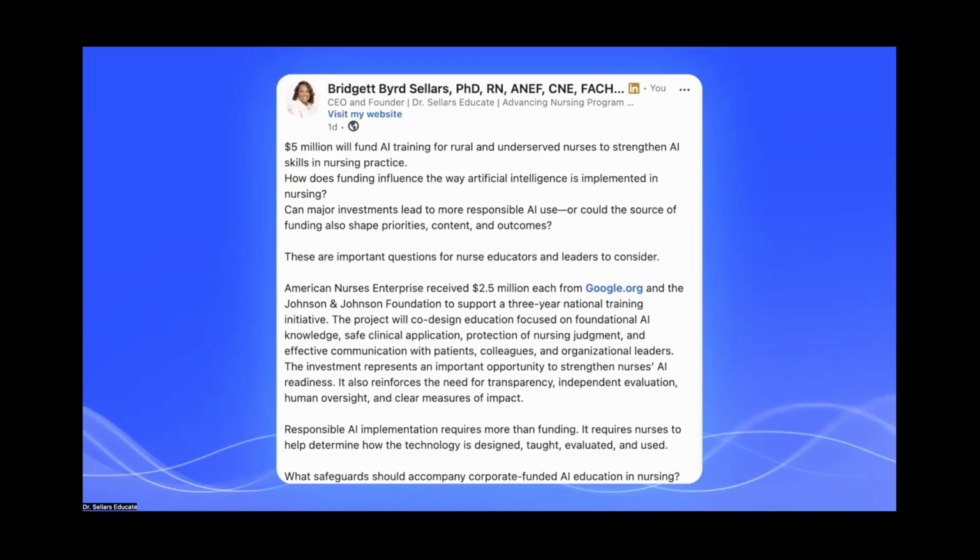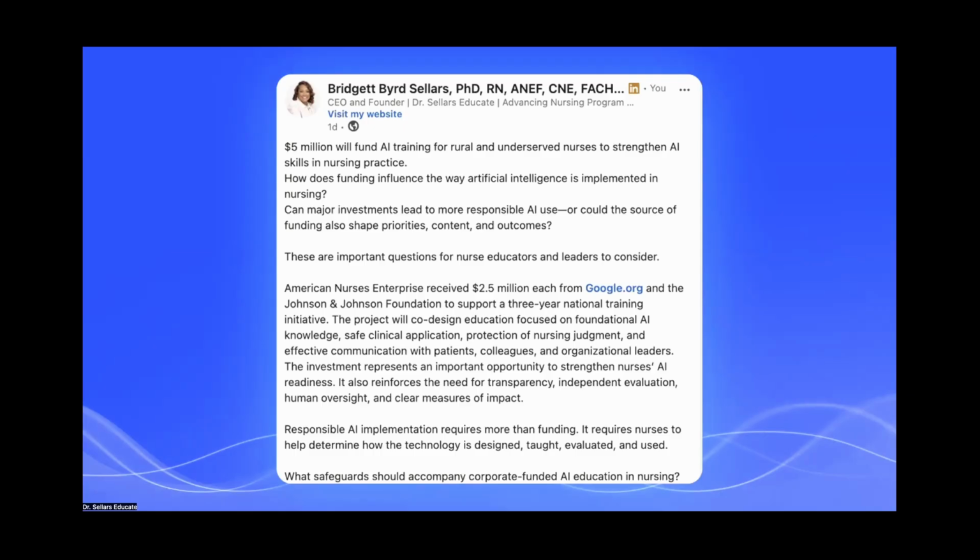The project will co-design education focused on foundational AI knowledge, safe clinical application, protection of nursing judgment, and effective communication with patients, colleagues, and organizational leaders. The investment represents an important opportunity to strengthen nurses' AI readiness. It also reinforces the need for transparency, independent evaluation, human oversight, and clear measures of impact.